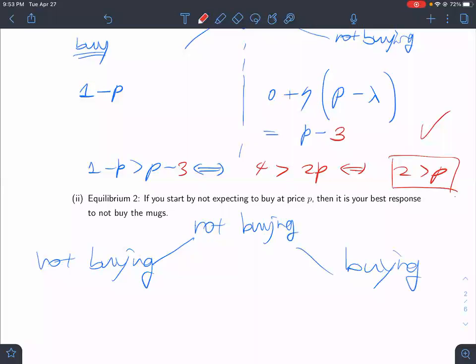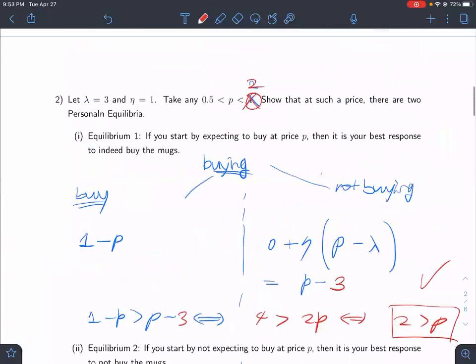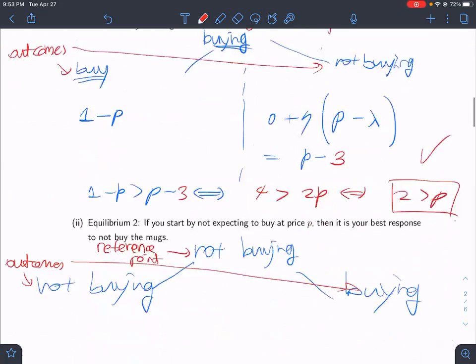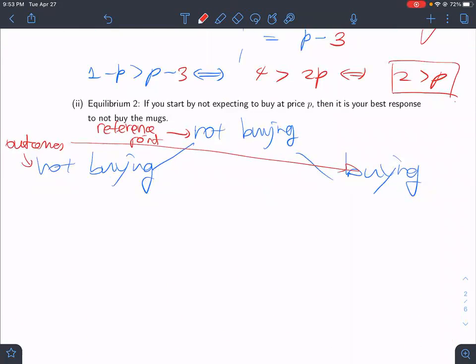So this one, I wanted to mention the reference point. These 2 guys are the outcomes. Outcomes 1, 2. Anyway, so going back.